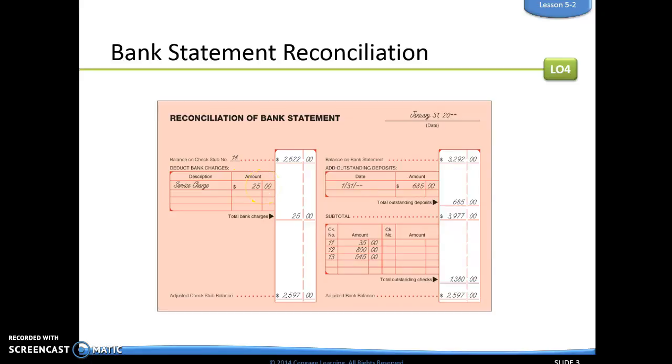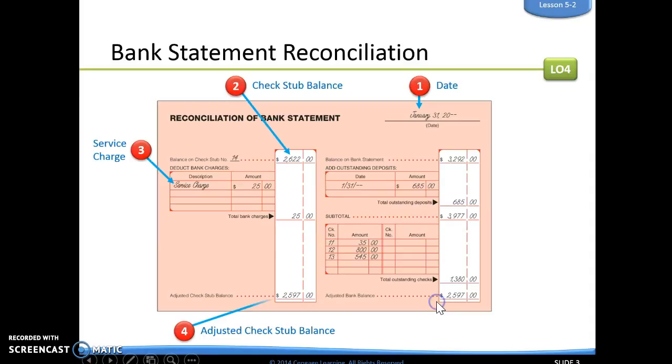Now, that is the amount that's going to be taken out. So we're going to put that total bank charges here, and we're going to subtract those 2 numbers. So here we have our balance minus that charge, and here is our adjusted check stub balance. So we're saying our records show that we should have $2,597 in our account.